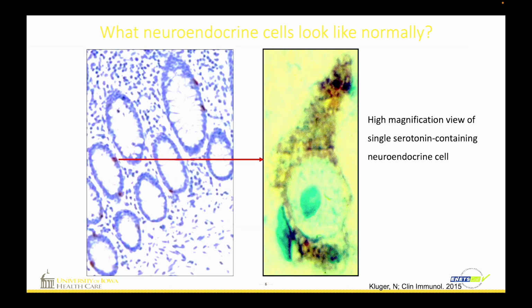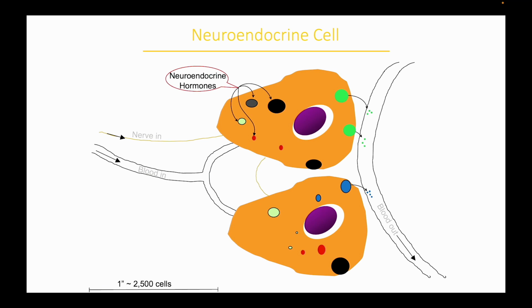If we were to break out that neuroendocrine cell and give it an even higher magnification, it would look like this. There would be serotonin in it, which is the brown stuff, and the rest of the cell. So this is what a neuroendocrine cell looks like normally. Neuroendocrine cells have a neuro component. There are nerves coming into the cells and nerves between the cells.